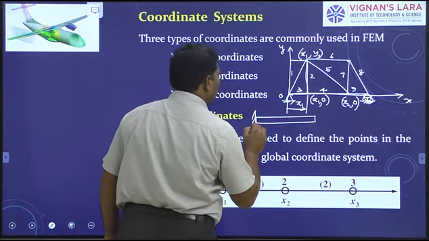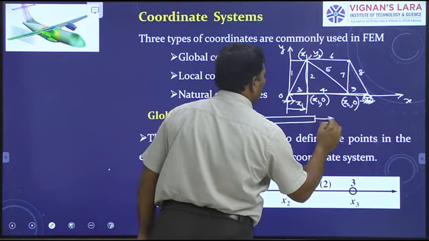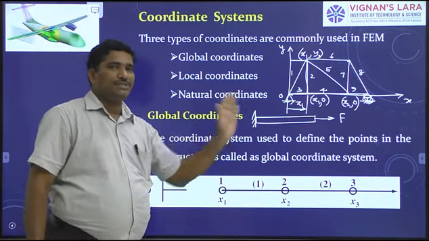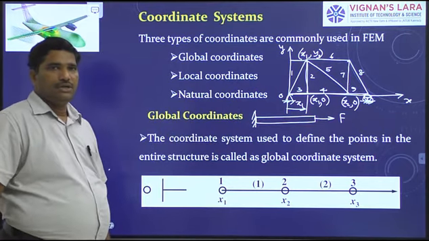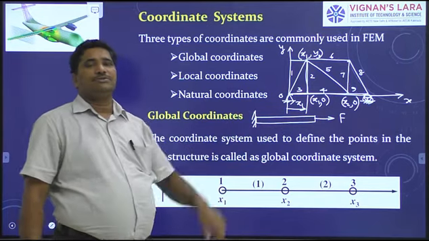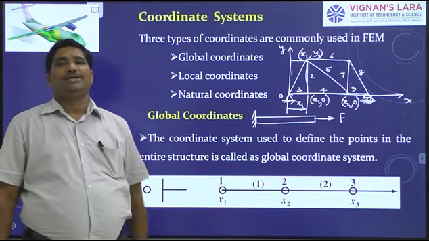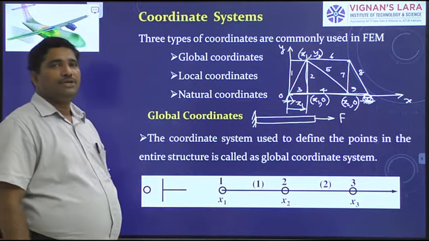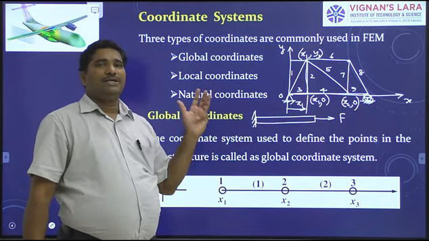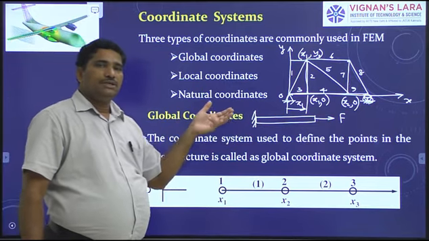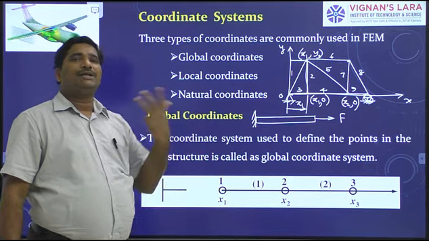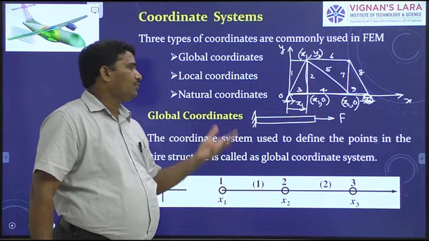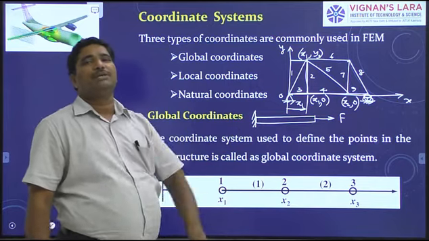To load it axially, I keep one end fixed and at the other end, I apply the force F. So here, cross section is the same throughout. To specify a point in this domain, I want only one coordinate. Therefore, I can consider this as a one-dimensional problem. The properties of the material, the geometry of the domain and other dependent parameters are dependent on only one coordinate x. Therefore, I can handle this as a one-dimensional problem.